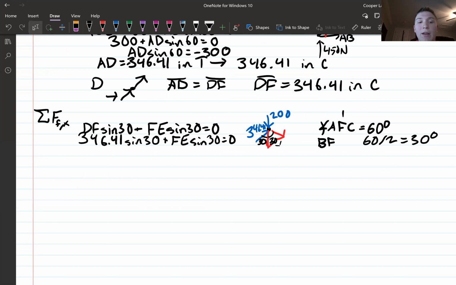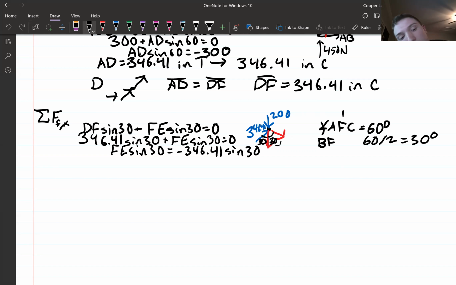So I'm going to subtract my 346.41 to the other side, which then gives me FE sine 30 equals negative 346.41 sine 30. So what I'm going to do here is I'm going to divide my sine 30s, which gives me FE equals negative 346.41.